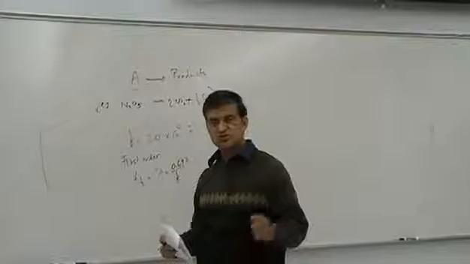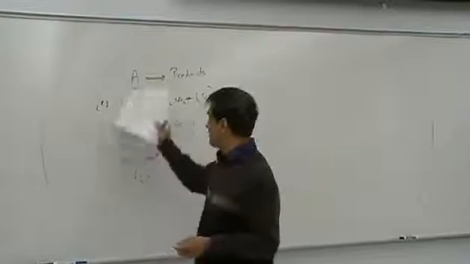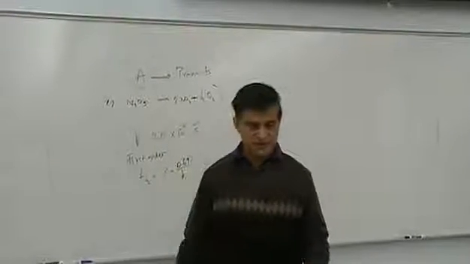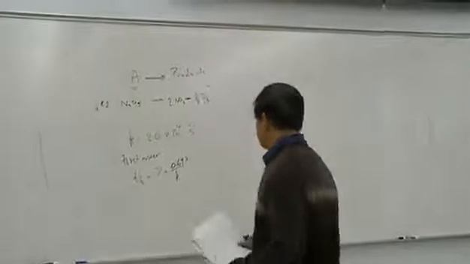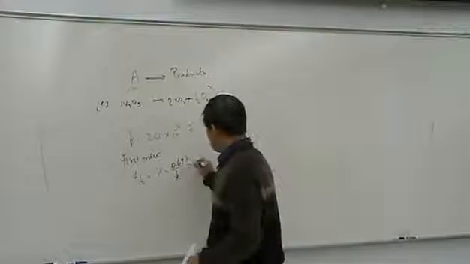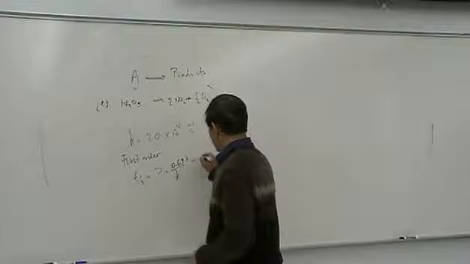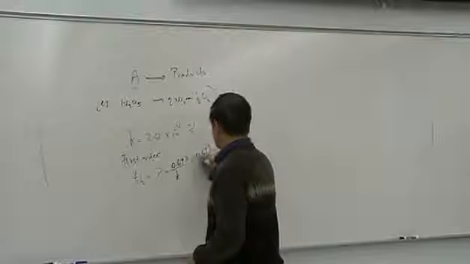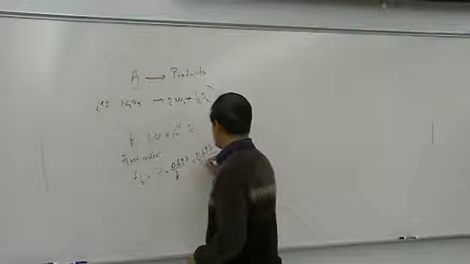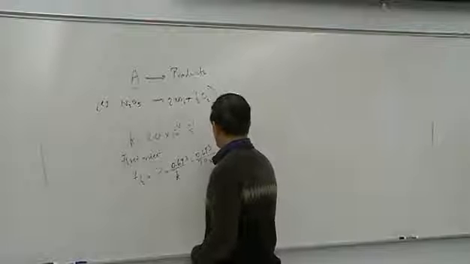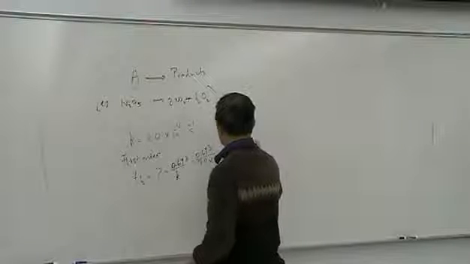That means if I start with 2 moles per liter of A, it becomes 1 mole per liter after half-life. And how we get that value? Just by plugging in your number in here. 0.693 over K, where K is 2.0 times 10 to the negative 4 per second. So my final answer is in seconds.